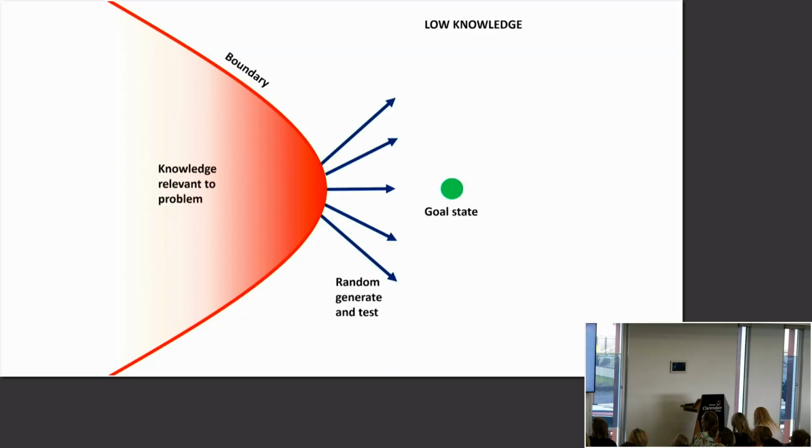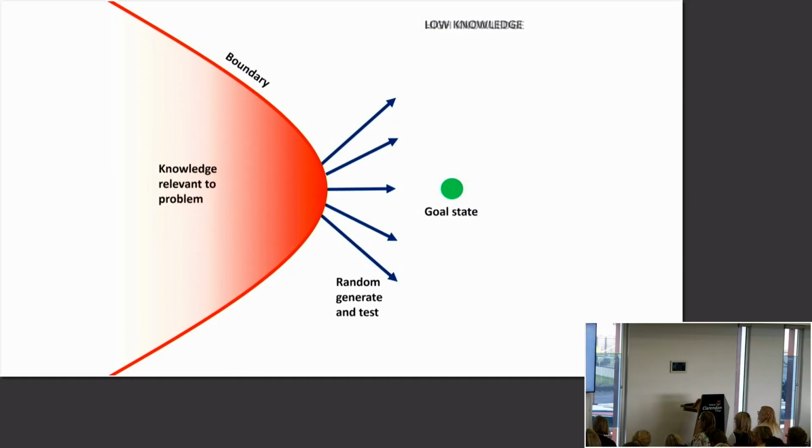So here's a diagram where I'm trying to explain what that looks like. You're using your long-term memory until you get to a point where it runs out. And then you use random generate and test. So here we've got knowledge, and my knowledge is like a sort of wave front. And that's knowledge relevant to the problem. At the boundary of that, where that runs out, I've got to start using random generate and test.